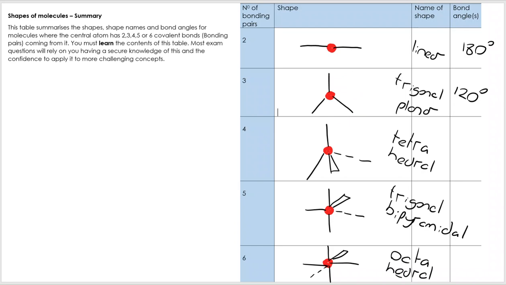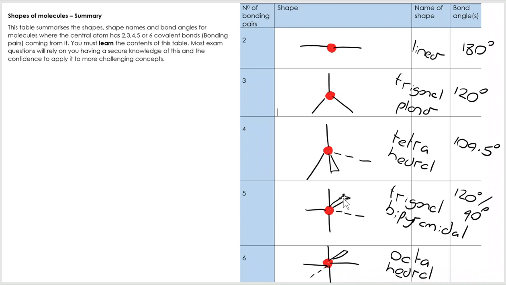Once we get to tetrahedral, we're having to start to think in 3 dimensions, and the bonding pairs are pushing themselves as far apart as they can get. This actually takes us down to a bond angle of 109.5 degrees. On the trigonal bipyramidal, you actually have 2 different bond angles.